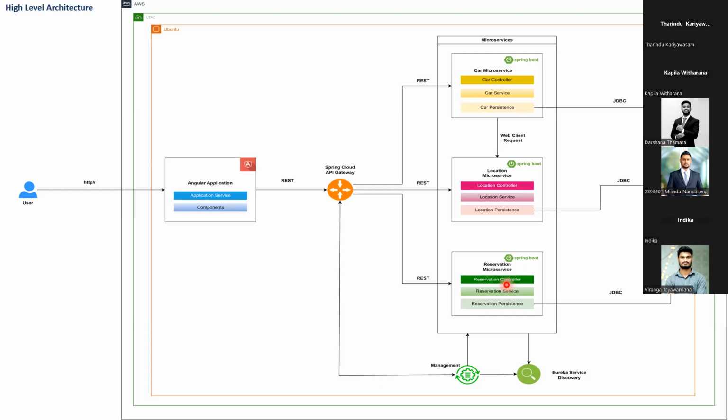Then the car service needs to communicate with the location service to get the location details of the car that is available. So that's one example. I hope you are clear with that.